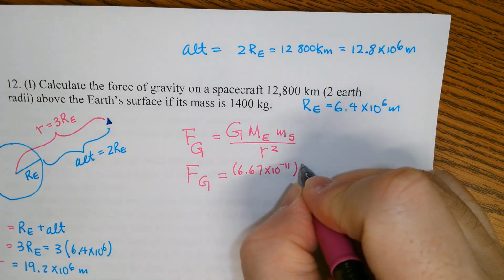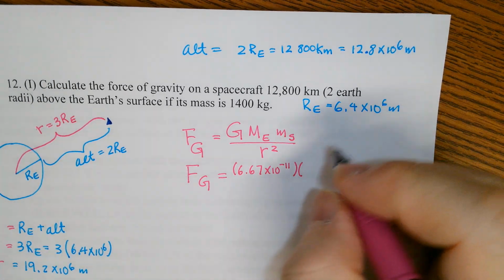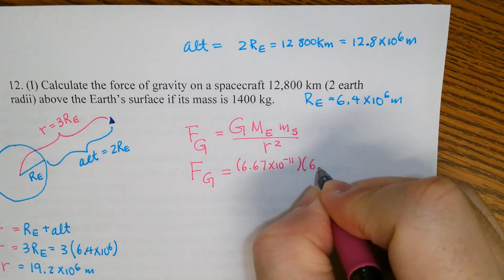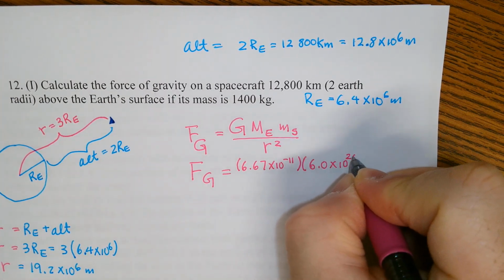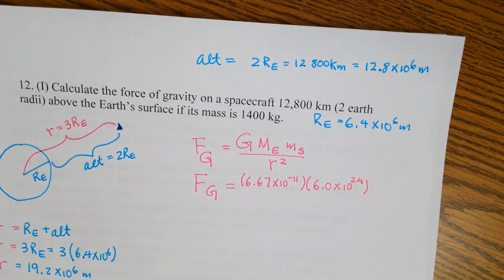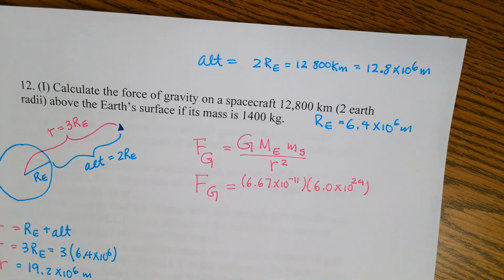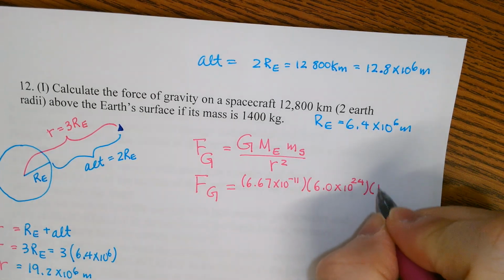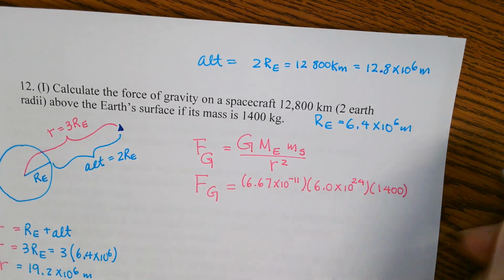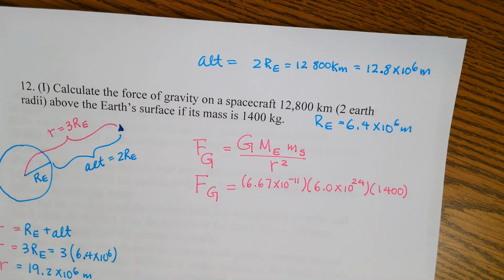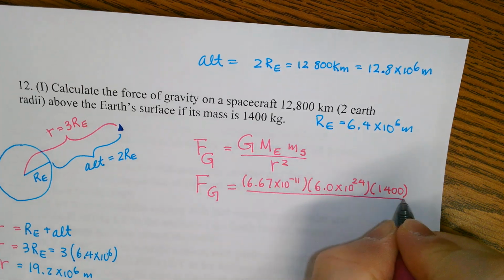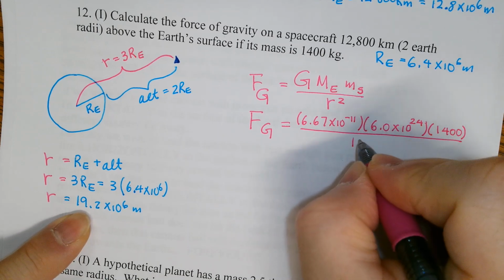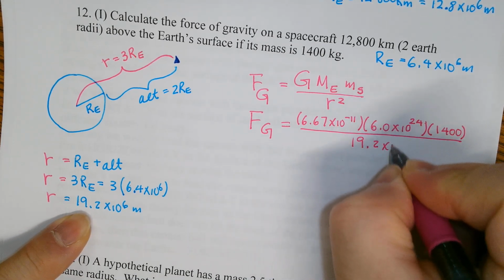Then, mass of the Earth. Mass of the Earth is basically given to us as 5.97 or 6.0 times 10 to the 24th kilograms. Times the mass of the spacecraft, which is only 1,400 kilograms. Whole thing divided by R, which happens to be 19.2 times 10 to the 6th.